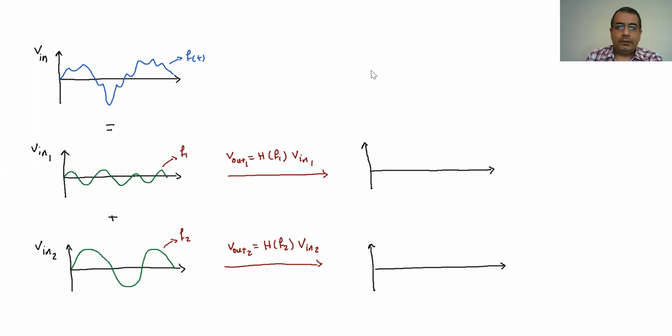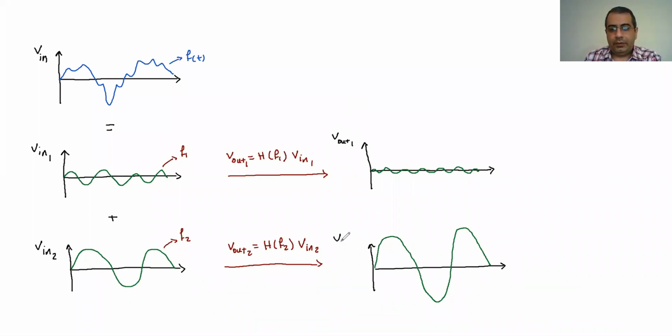Assume after filtering, this one changed to something like this, and this one changed to something like this.